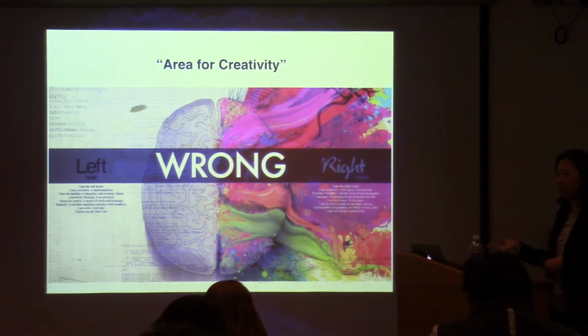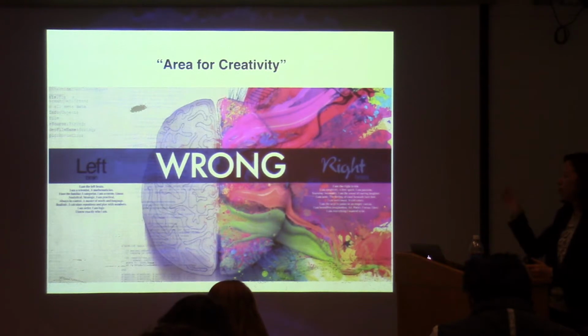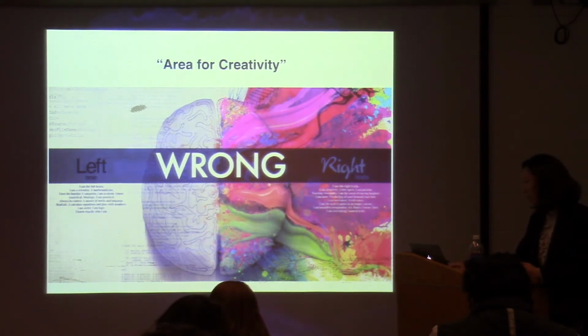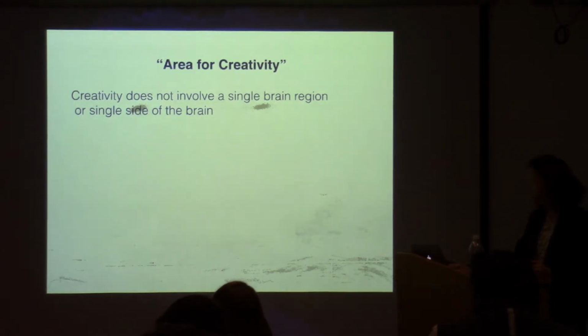So that's where this idea comes from, that this side is analytical and this side is creative. But we know that there is a lot of communication going on in both of those processes, and we can't really isolate one functionality to one hemisphere.